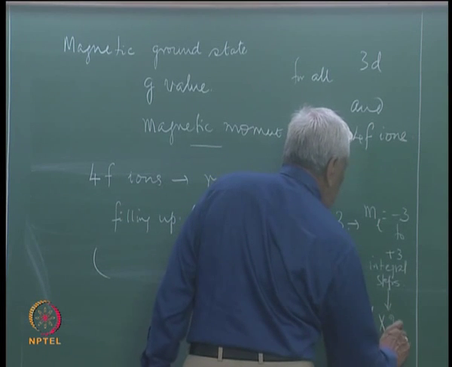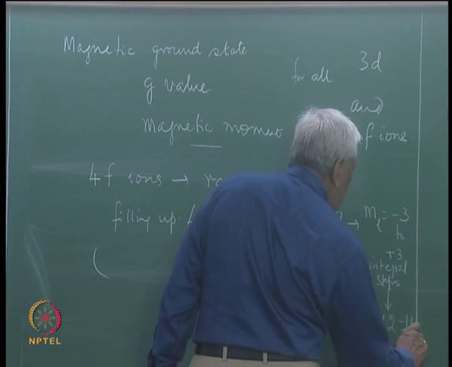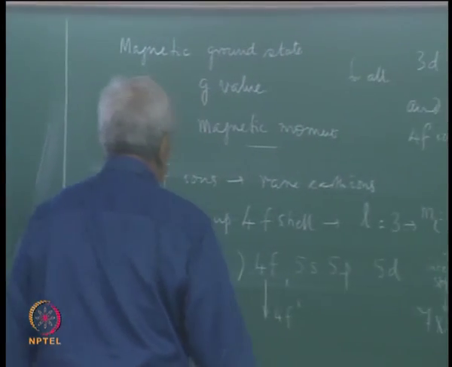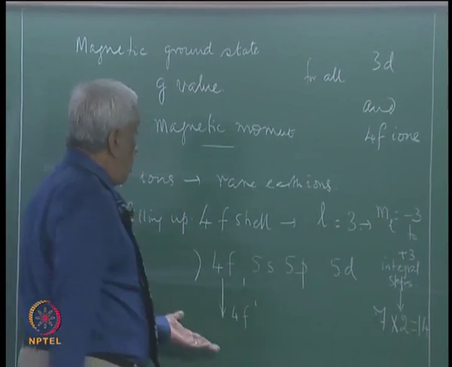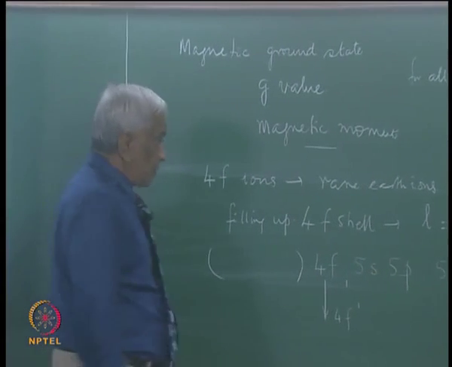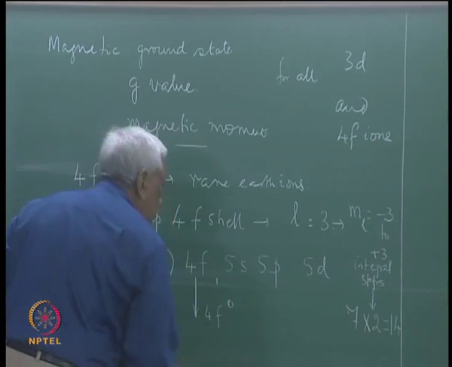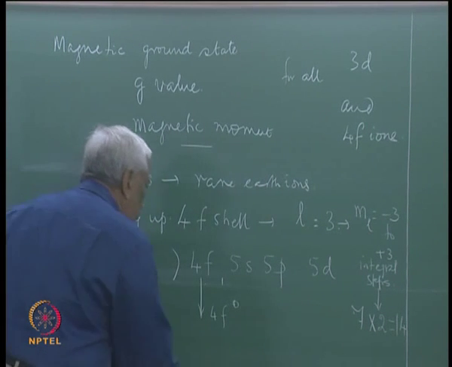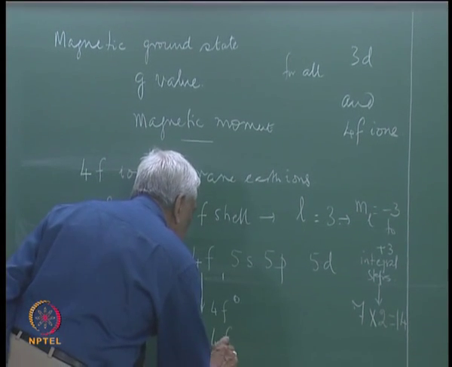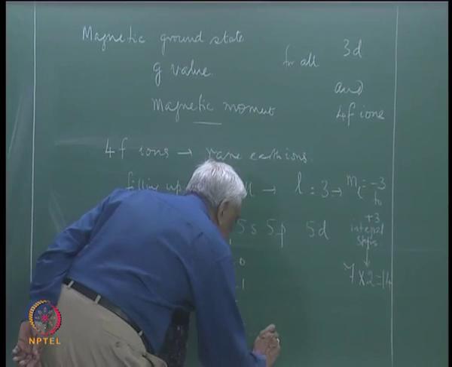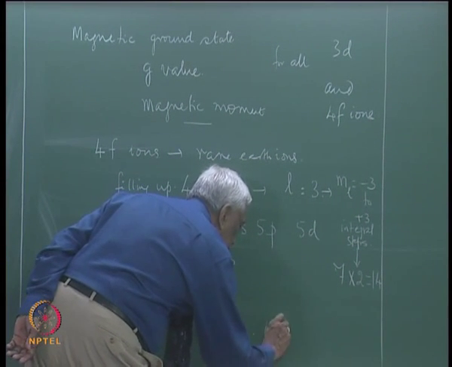So, there are 2 orientations. So, there are 14 electronic states. 14 electrons can occupy the 4F shell. So, corresponding to 4F0 where there are no electrons in the 4F shell, and then 4F1, 4F2, etc., 4F14.